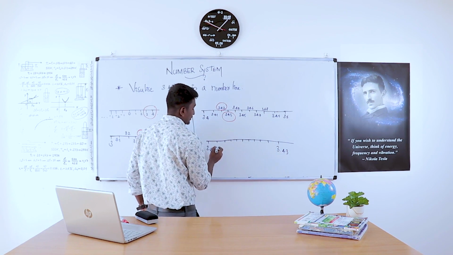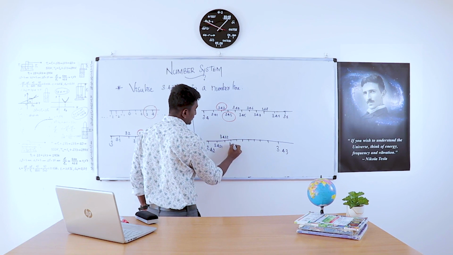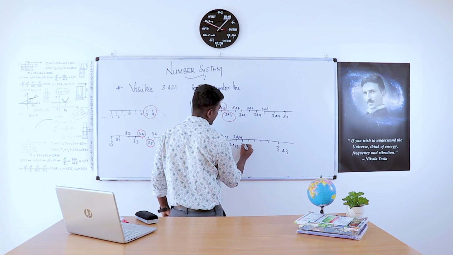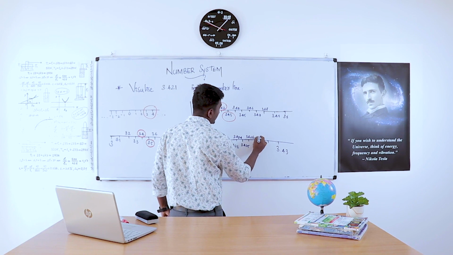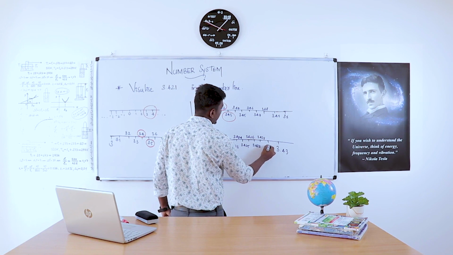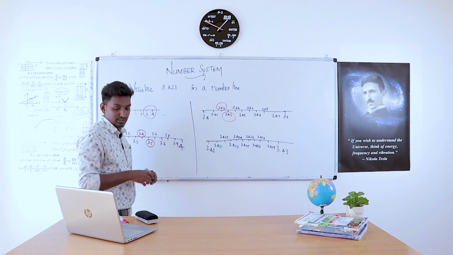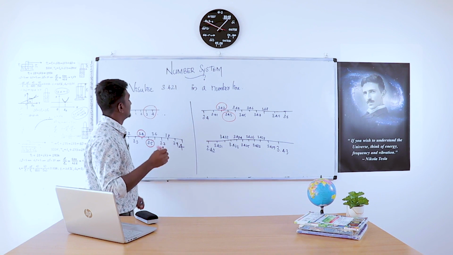In between 3.42 and 3.43 there is 3.421, 3.422, 3.423, 3.424, 3.425, 3.426, 3.427, 3.428, 3.429 and 3.43. Now look, is the number we want to visualize here? Yes, it is here, 3.421.